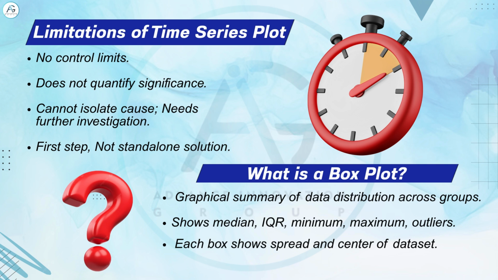You see the pattern, but not whether it's meaningful or just random variation. It can show you that something changed, but it can't tell you why. It doesn't isolate the root cause. So while it's a great first step, a time series plot is not a standalone solution. You'll usually need to follow up with deeper analysis, like control charts, hypothesis tests, or process reviews.